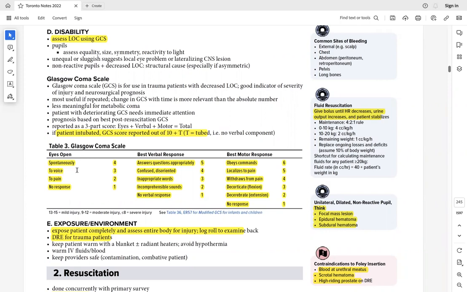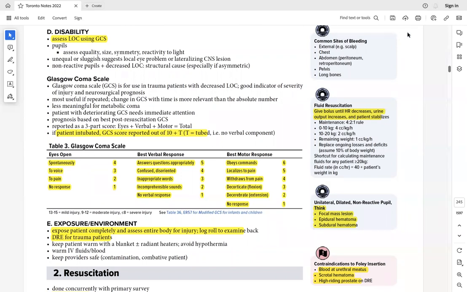So you should know, they can give you a scenario. It's an important CTM question. I'm just telling you. A lady comes to the emergency department after a road traffic accident or anything. She's unconscious, and she is not able to verbalize.